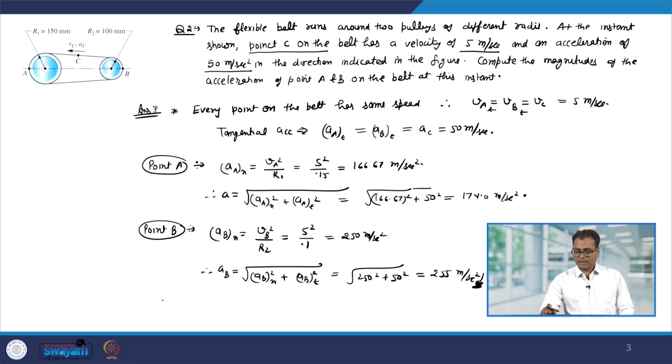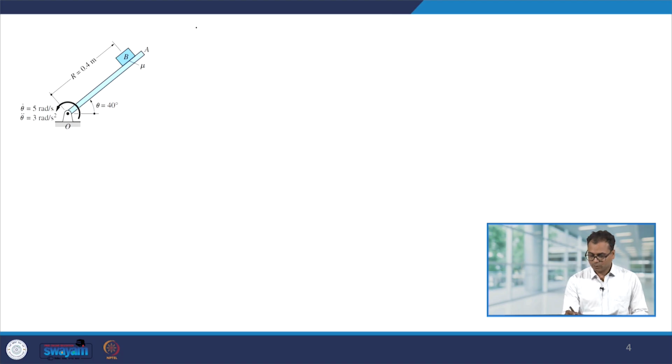Now, let us look at another problem statement, and it is the following. The 100 gram block B slides along the rotating bar OA.